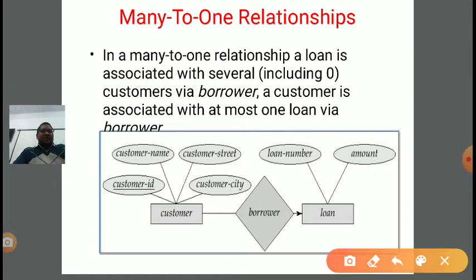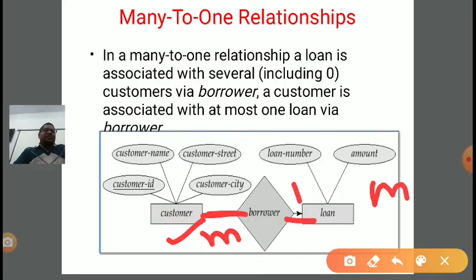Between customer and borrower the notation is an undirected line, which denotes many. And between borrower and loan it is an arrow, which means one. So the relationship is many to one, meaning more than one customer can share the same loan.